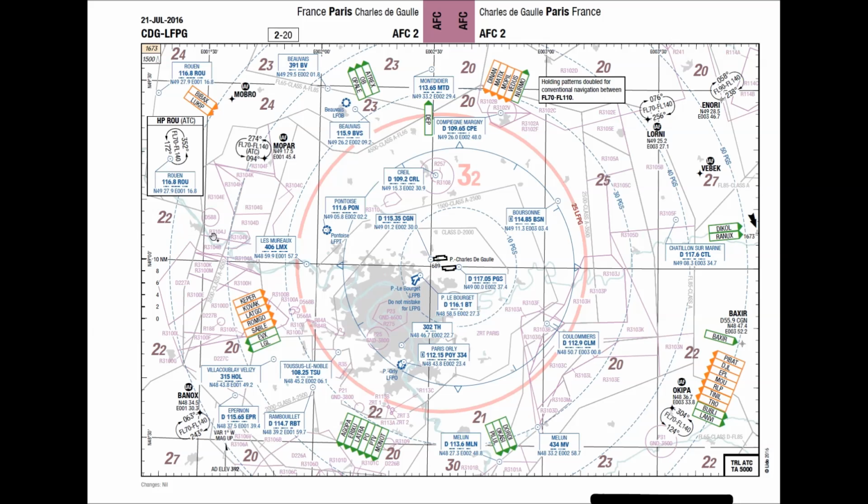So we'll highlight Aliso in red, and we'll jump to the AFC chart for Paris Charles de Gaulle, and look for departure in green, and we can see at the top here we've got in green Opal departure, so we know we've got definitely Opal departure.